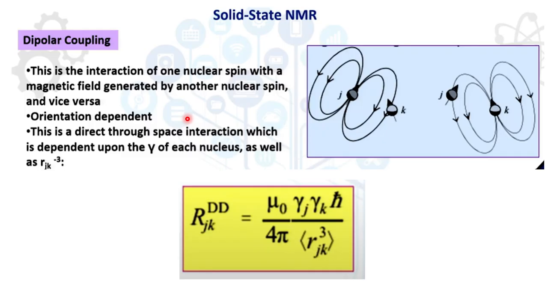Now what is the difference between J coupling, or spin-spin coupling, and dipolar coupling? For spin-spin coupling, the atoms must be bonded, but here you don't need a directly bonded atom. If it is nearby, it can also interact.